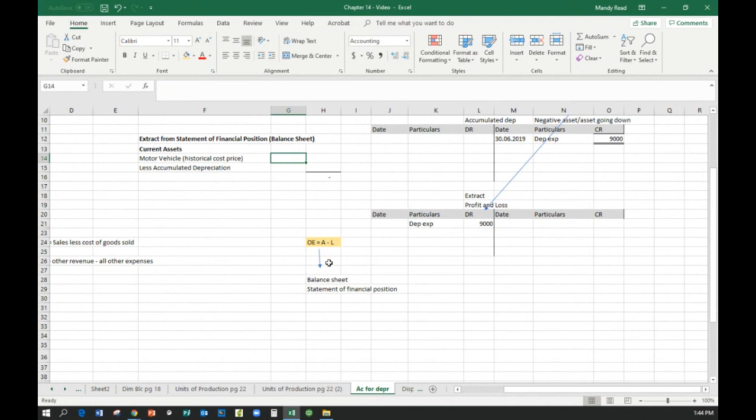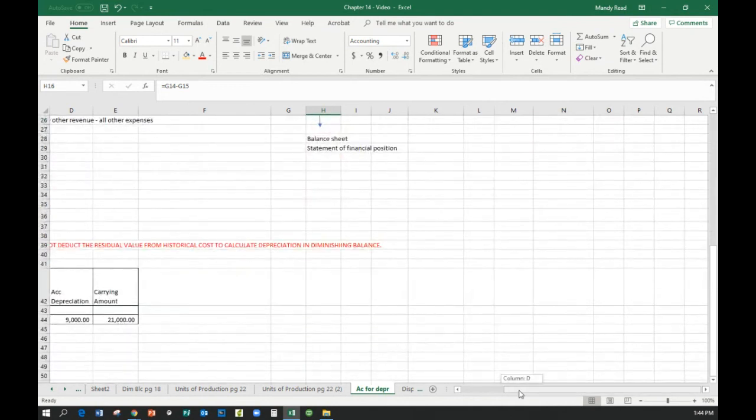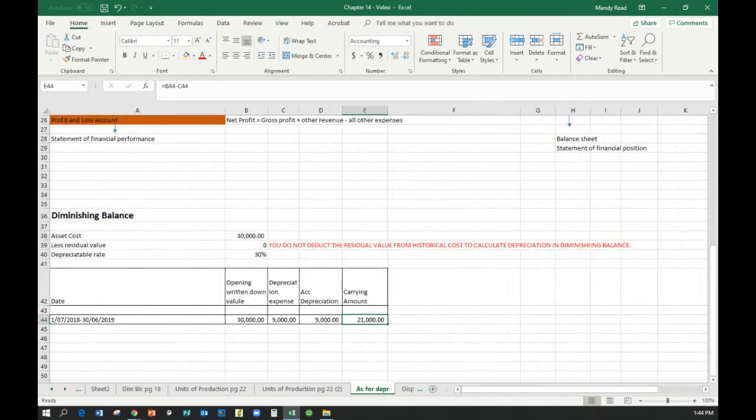We had the value of the motor vehicle, which was $30,000. We know the accumulated depreciation for that first year is $9,000. So on our balance sheet, we have the closing written down value of that asset as $21,000. Was that the same figure that we had on our depreciation schedule?